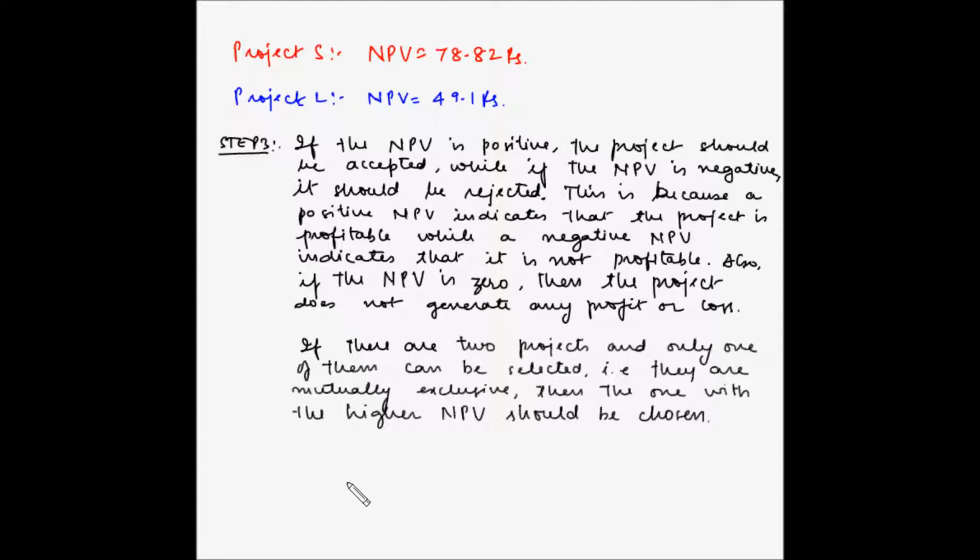Now in this example, we used the formula present value is equal to future value divided by 1 plus I to the power n. However, we can also use the concept of present value factor, and we can also use a financial calculator.